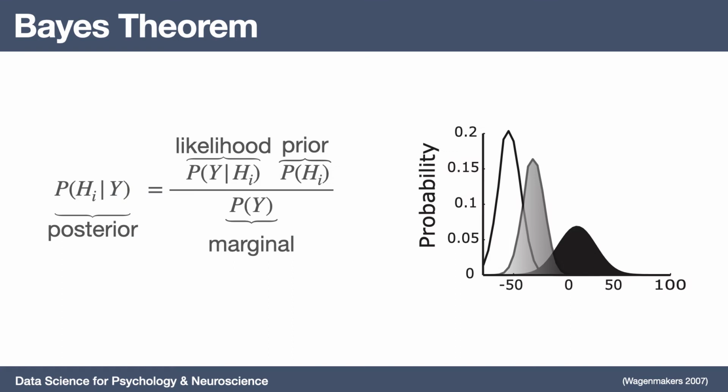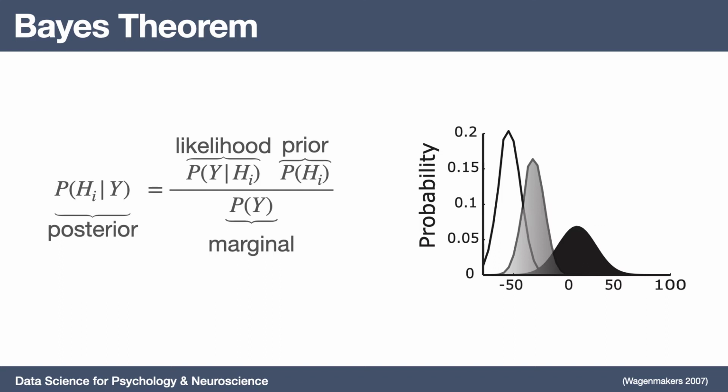The Bayes factor relies on conditional probabilities. It relies on Bayes' theorem. As a reminder, this is something we've gone over before. Bayes' theorem is that the posterior probability of a hypothesis given the data is equal to the likelihood, which is the probability of the data given the hypothesis, times the prior, which is the probability of the hypothesis, over the marginal probability of the data.